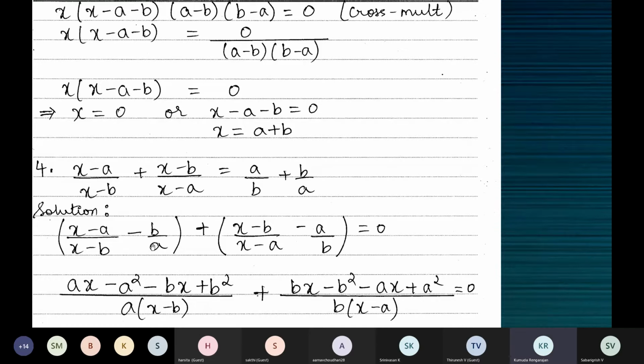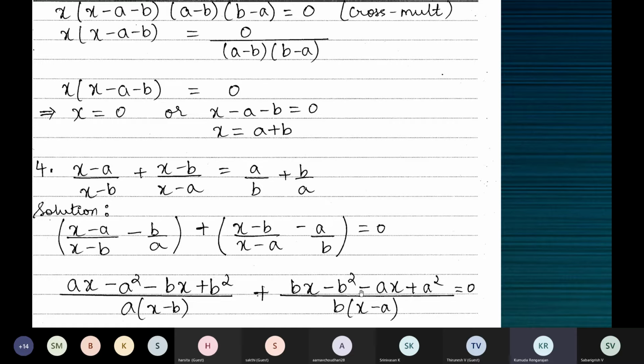So on taking the common denominator, we have the numerator like this: ax minus a square minus bx plus b square. Here, bx minus b square minus ax plus a square.